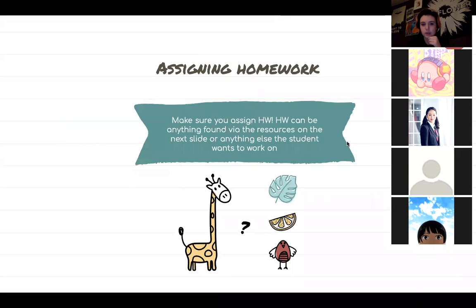Oh, assigning homework is very important. Between your tutoring sessions, it's good to assign homework so your student doesn't get rusty. Be considerate of your student's schedule. If you notice a problem with them not doing their homework, make sure to talk to them, talk to the guardian, email their guardian.